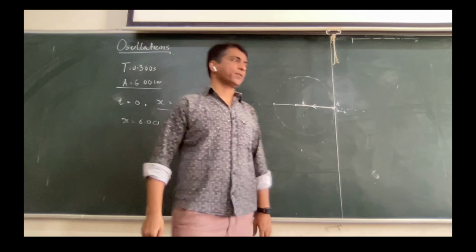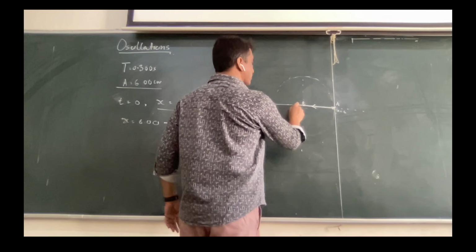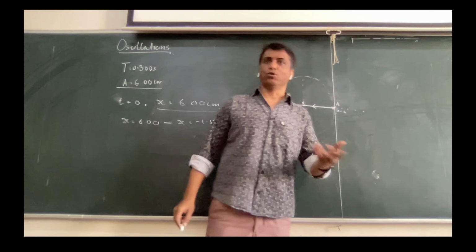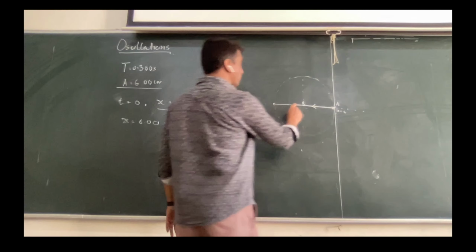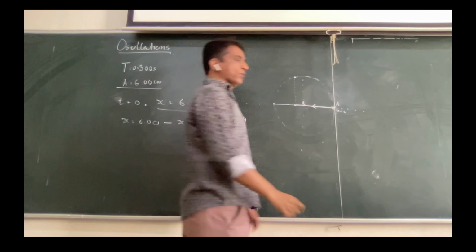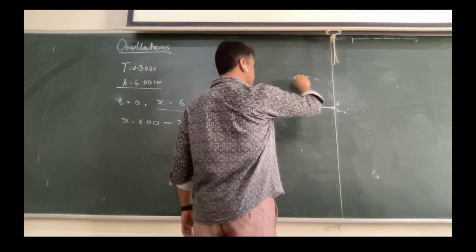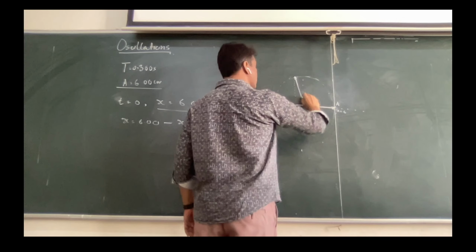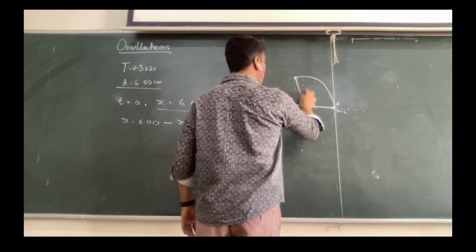Am I right? Now, when the SHM particle is here, where does the circular motion particle go? Remember, it's a projection, so you have to draw a projection line. The circular motion particle will go here. Correct? That means the radius vector traces out an angle which is this much, 90 plus something.